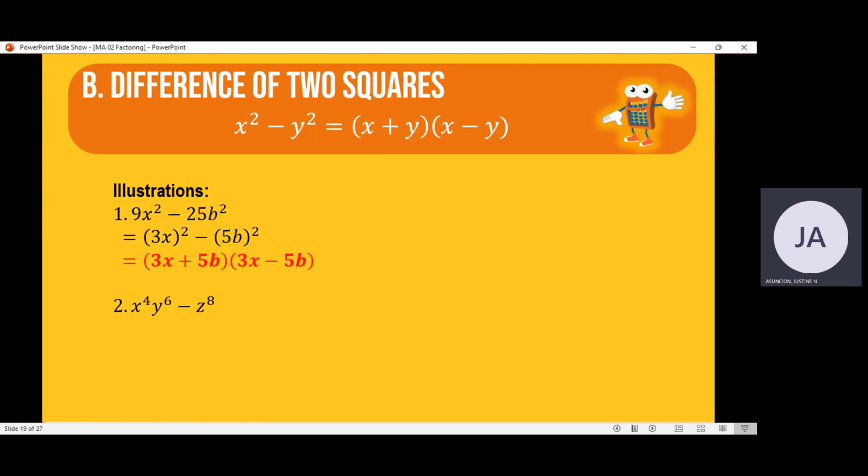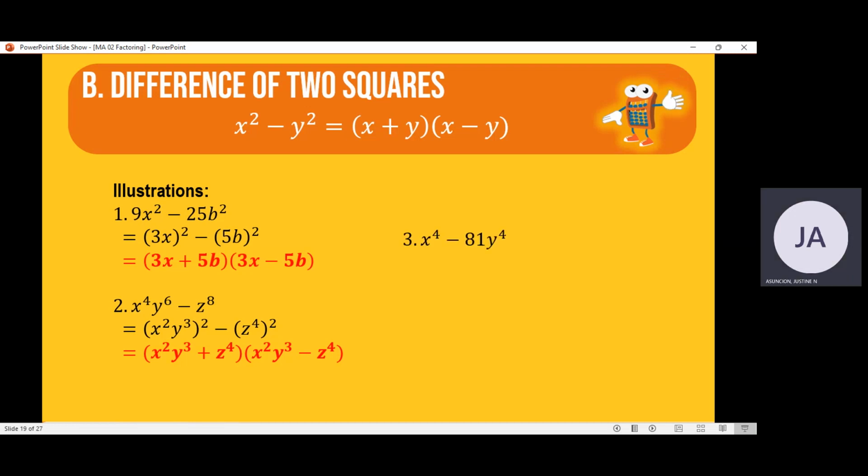In this case, we have the quantity x squared y cubed, squared, minus z raised to 4, squared. Simplifying that, we have the factors x squared y cubed plus z raised to 4 times the quantity x squared y cubed minus z raised to 4.